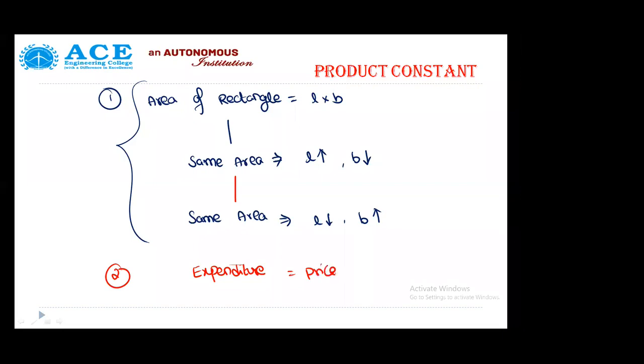I'll explain in detail what price and consumption are as well. Wait for a while. E equals P into C in short. Expenditure is price into consumption.